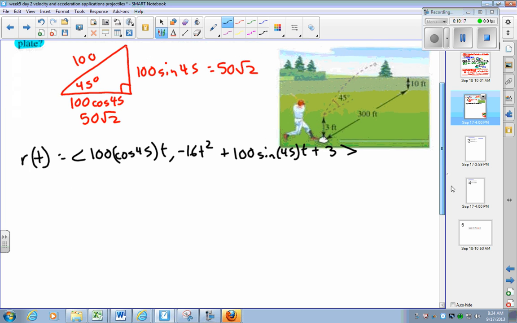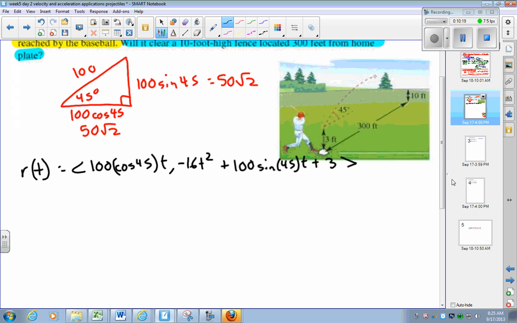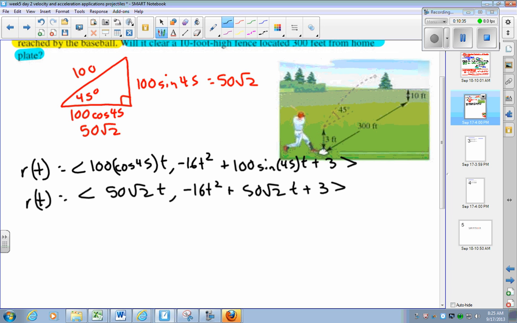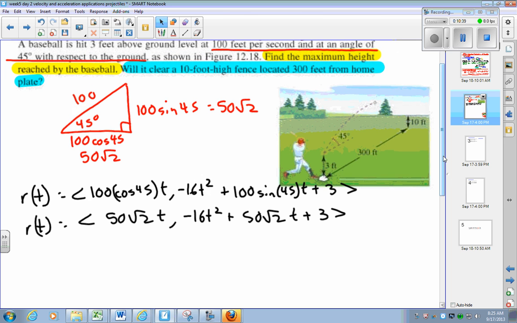And we already simplified it, that r of t is 50 square root of 2 t, negative 16t squared plus 50 square root of 2 t plus 3. Okay? And that first question says, find the maximum height reached by the baseball. Okay, so max height of baseball.